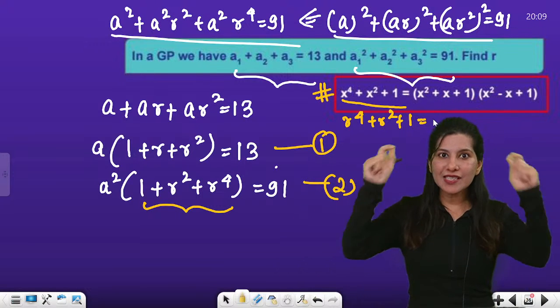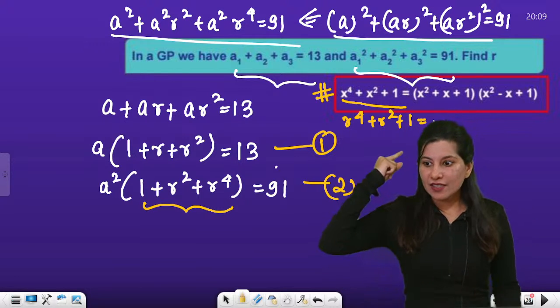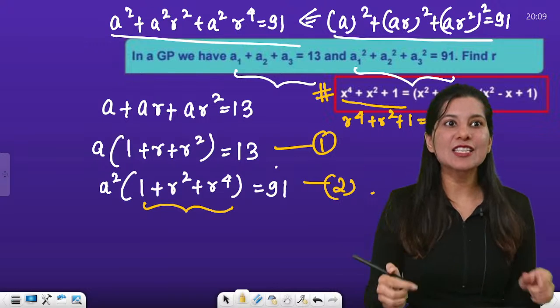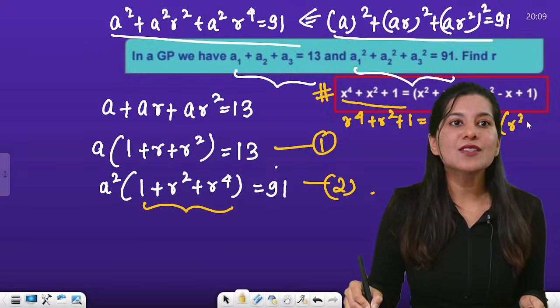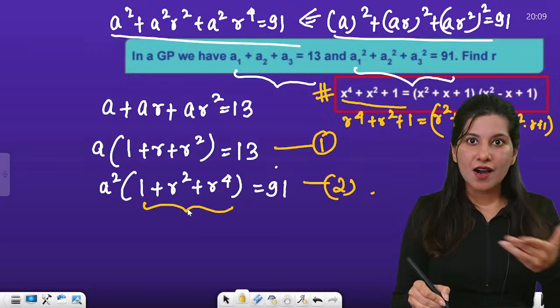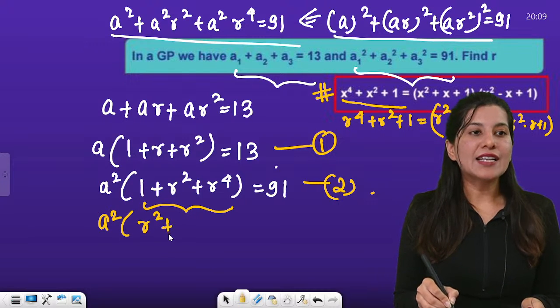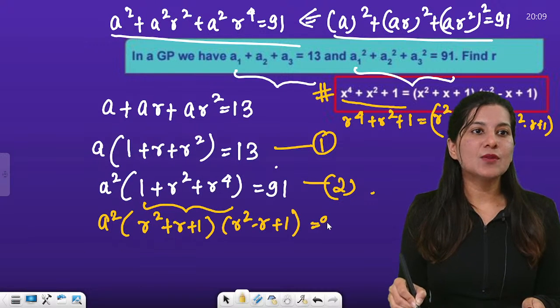The moment you see it, it should strike in your mind that this expression can be factorized. R square plus R plus 1 times R square minus R plus 1 is the factorization. So let's apply the factorization we know. R square plus R plus 1 times R square minus R plus 1 is equal to 91.